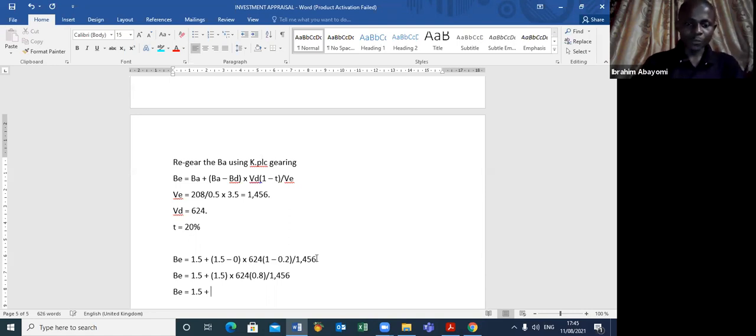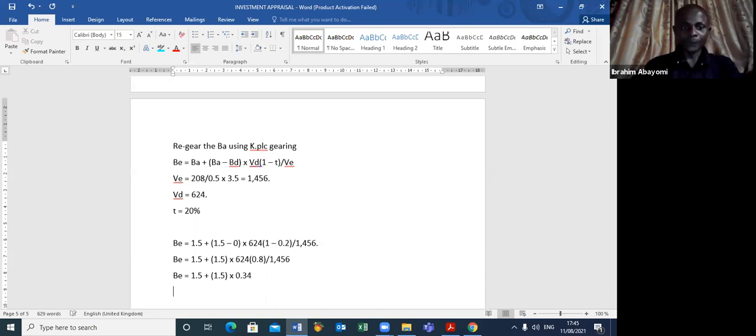So beta of equity is equal to 1.5 times 0.34 plus 1.5. That is 2.01. That is the beta of equity that we need to use to evaluate this project.